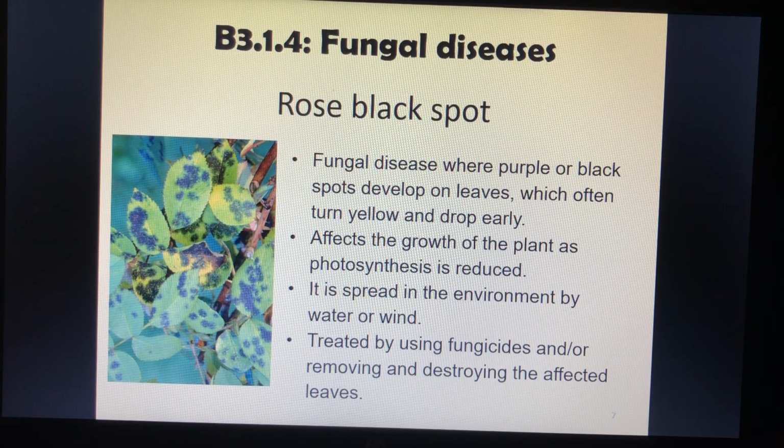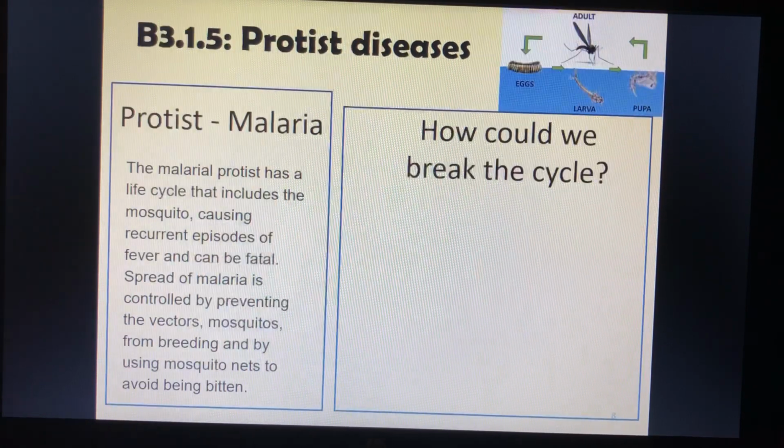Good thing about this one though is it can be treated. A fungicide, which is a spray that kills the fungus, can be sprayed onto the plants, or removing and destroying any leaves, but spraying it would actually help to treat it, unlike the tobacco mosaic virus. Spread by wind or water, so it can spread probably quite quickly through the plants.